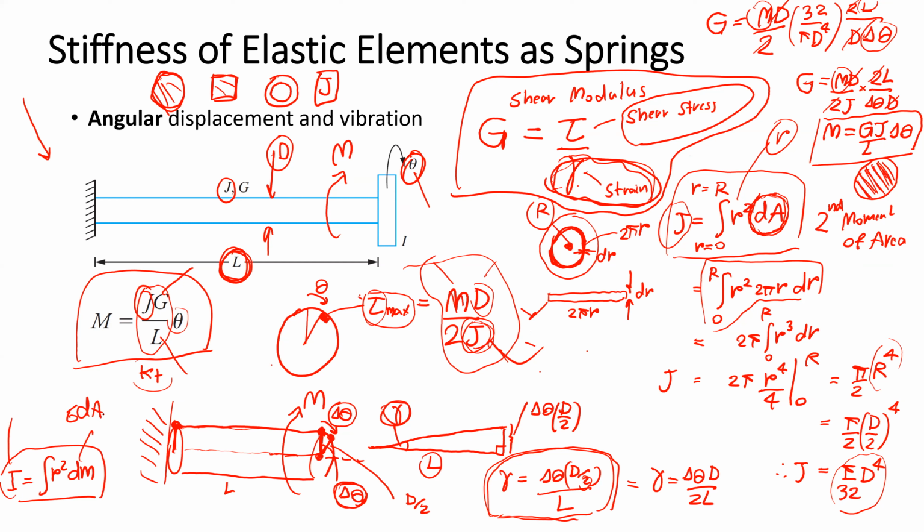For the second moment of area, we're not talking about the mass property, the density. We only consider the effect of the area distribution in the cross section. So why do we have R square? It comes from the definition of the second moment of area. Okay, thank you, sir. Yes.